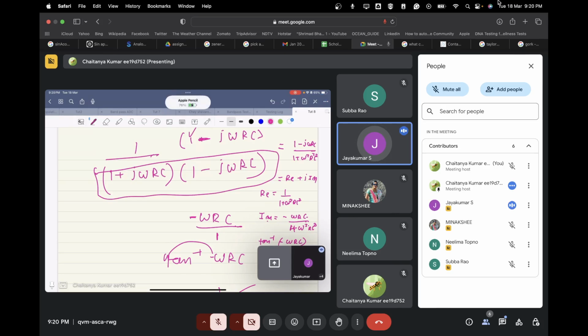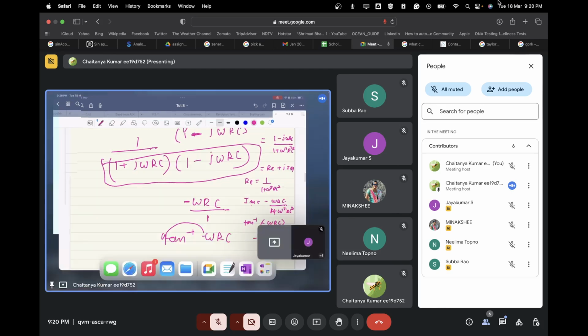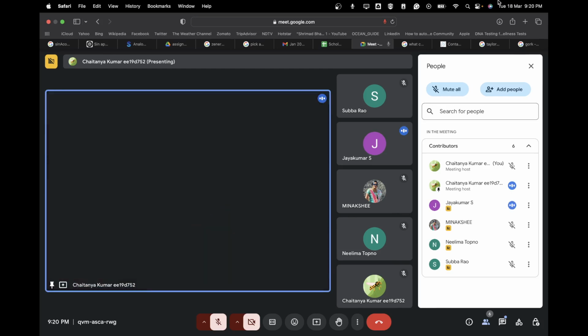All the right half zeros will have minus, and all the right half poles and left half zeros will have plus.